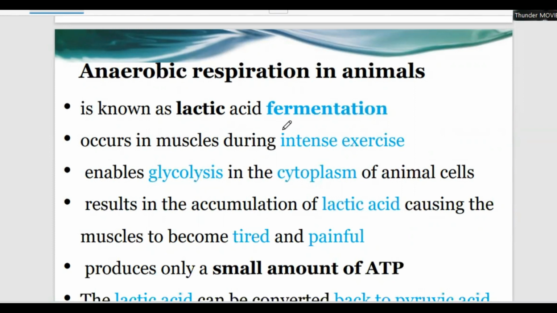Your cells undergo anaerobic respiration, and then lactic acid is produced. It occurs in the muscle during intensive exercise. It involves glycolysis in the cytoplasm of the animal cell, and this results in accumulation of lactic acid, causing the muscles to become tired and painful.